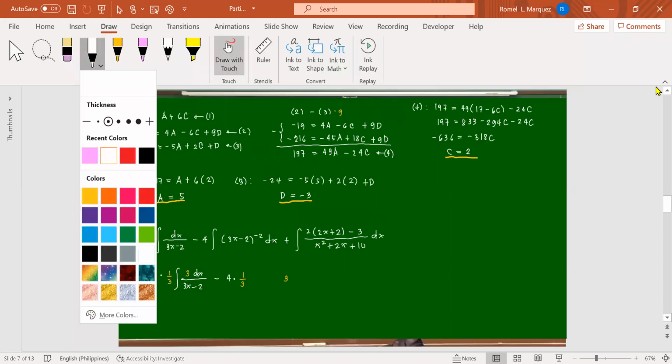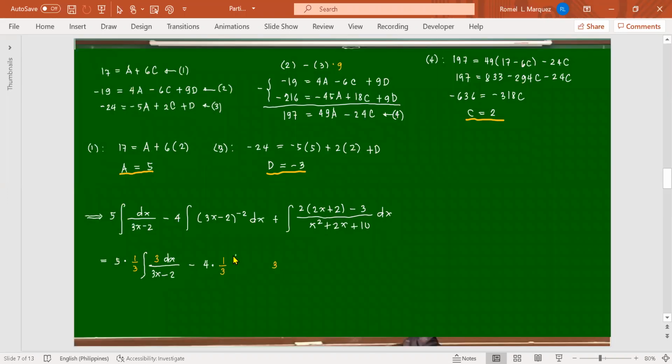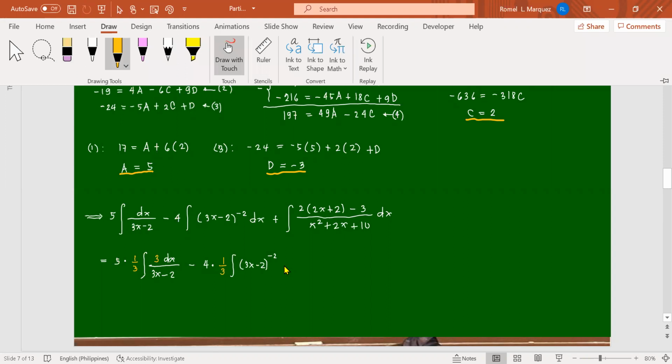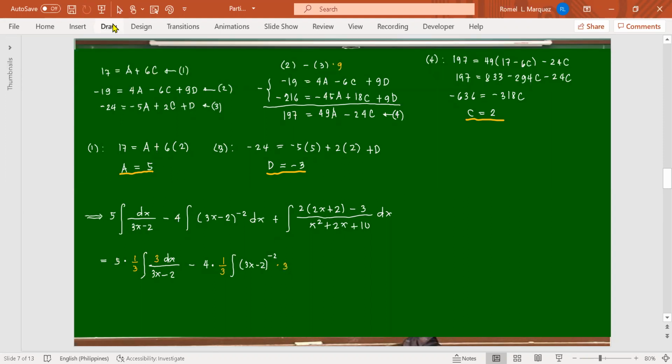I hope this will work here, the space. 3x minus 2 raised to negative 2. Oh, I need much more space. So times 3, then dx. Okay, so this is now integral of u to the n du.